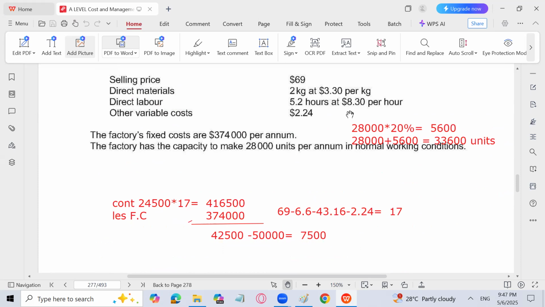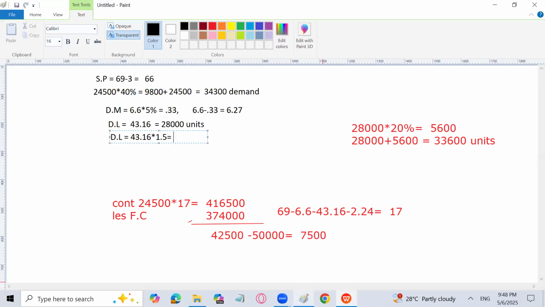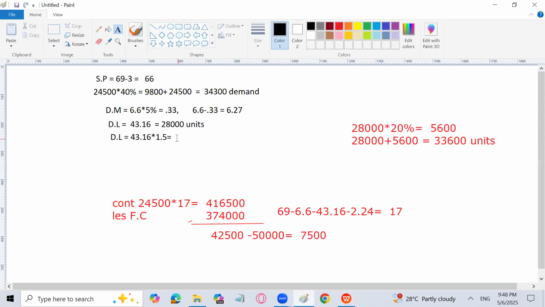I think the answer will remain the same, but can you check it? 8.3 into 1.25 multiplied by 5.2. What is the answer? I repeat again: 8.3 into 1.25 into 5.2. 53.95. Okay. So that is not going to be 43.16.